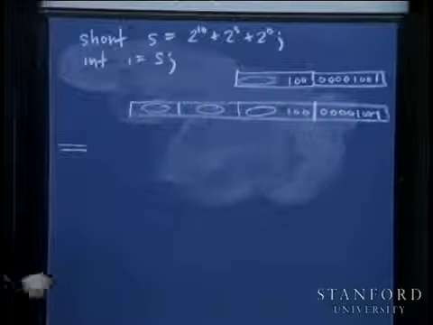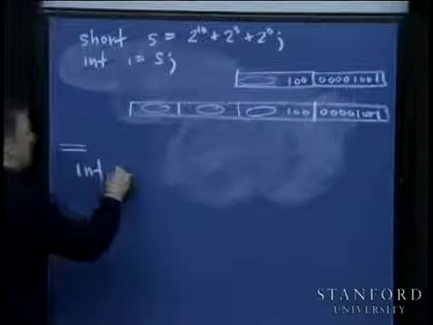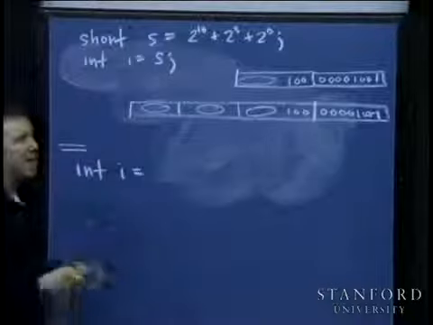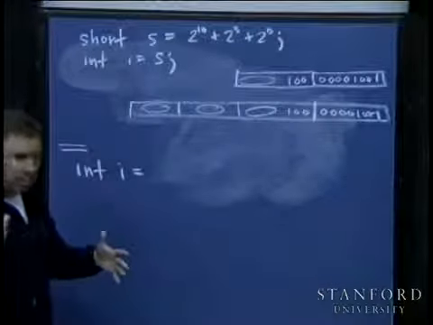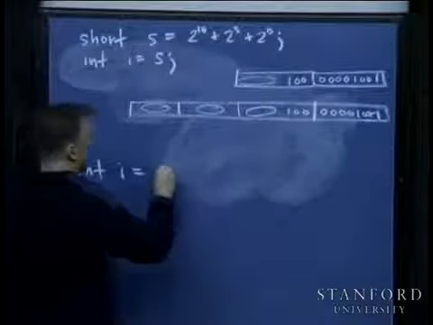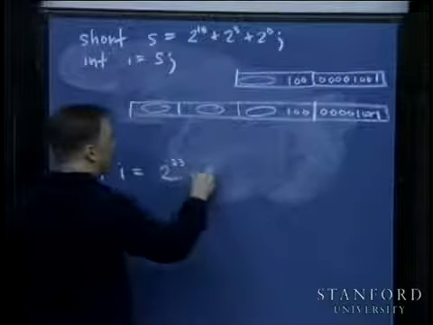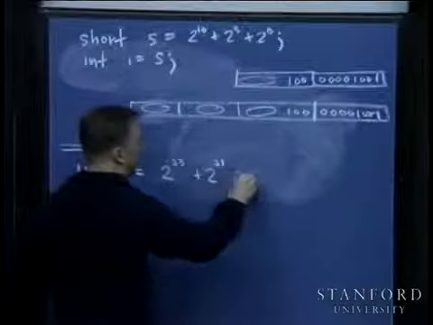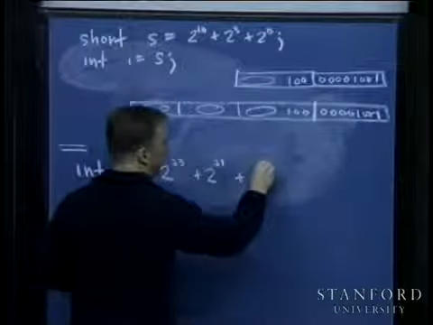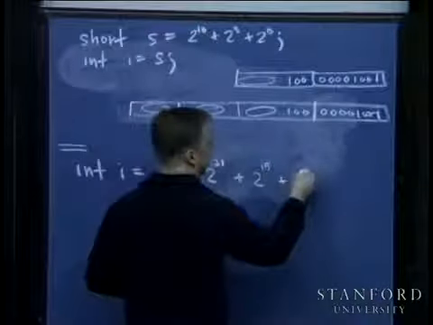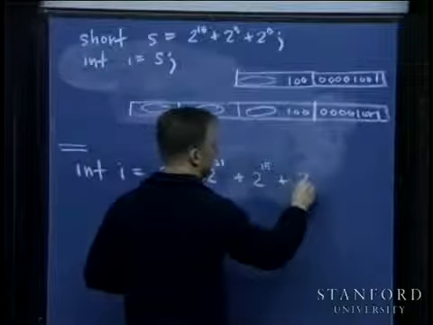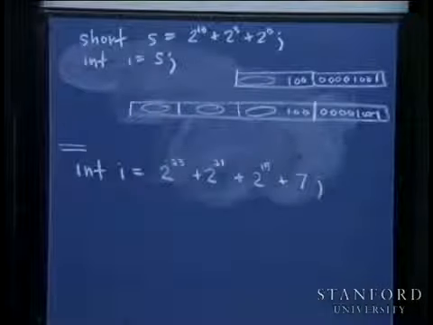Trick question. If I set int i equal to, I have 32 bits available to me to represent pretty big numbers. So I'm going to do this: 2 to the 23rd plus 2 to the 21st plus 2 to the 15th plus, let's say, 7. Okay?